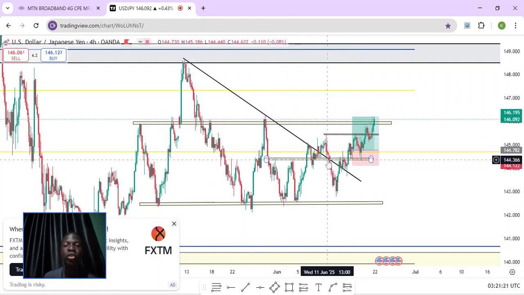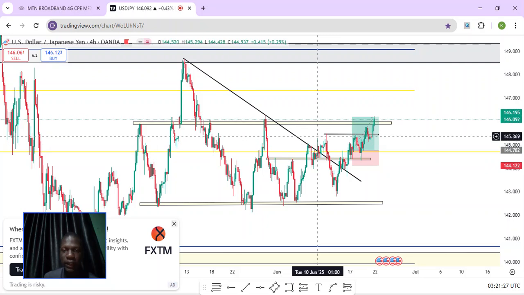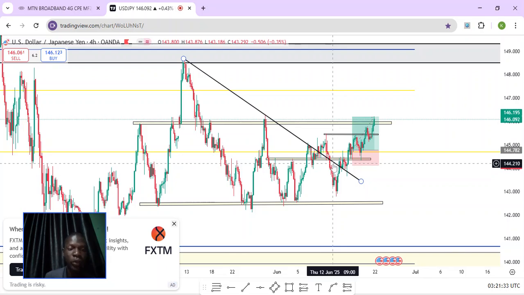It was struggling. If you look at all the candles there, you can see it got rejected there. Although it broke through it, it was followed by a red candle. So it was just struggling to break that level. So I won't really say it is a countertrend line break.